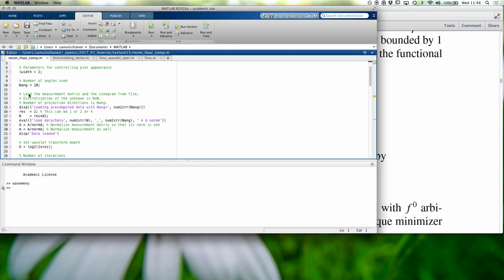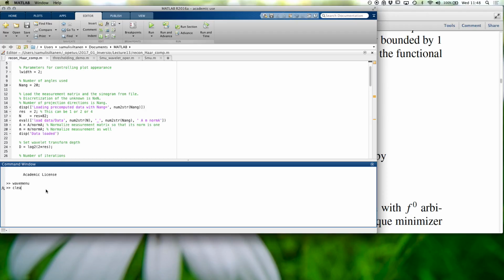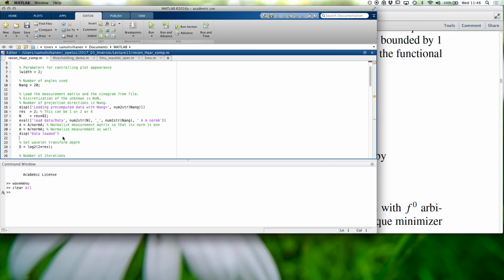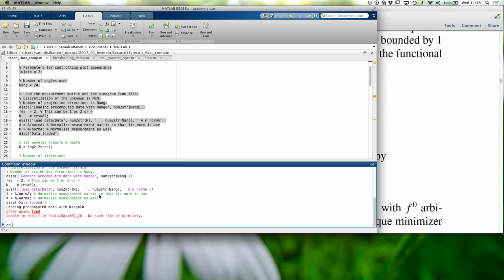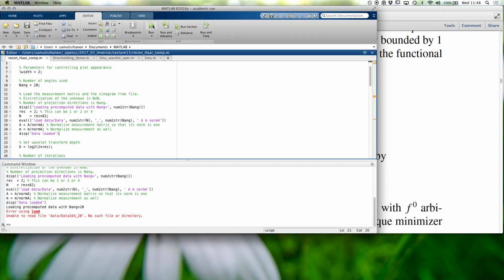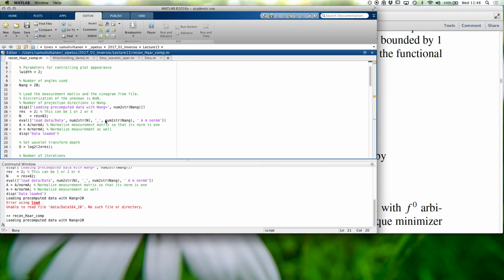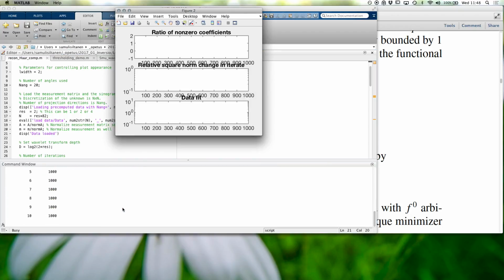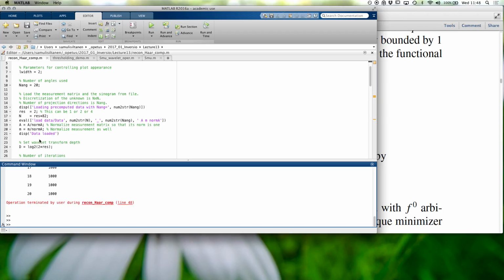But now anyway, if I clear all here, let me just load in the data. Maybe I have to change folder. Let's just stop the iteration.